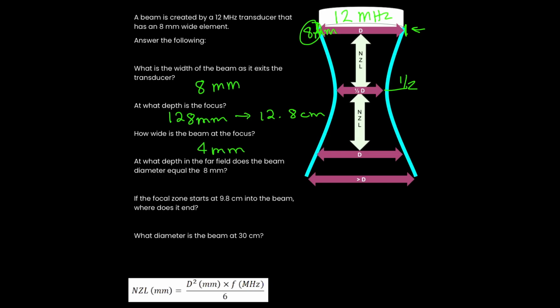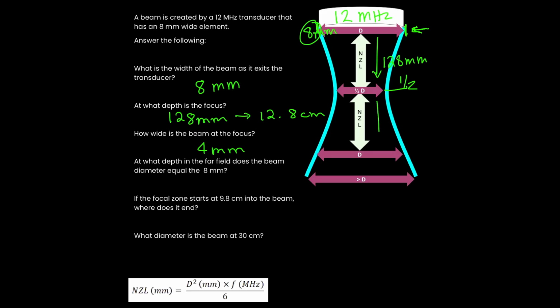The next question down asks us, at what depth in the far field does the beam diameter equal the 8 millimeters? So remember, we have 8 millimeter diameter coming out. We traveled 128 millimeters to our focal point. The beam is going to diverge at the same rate that it converged.